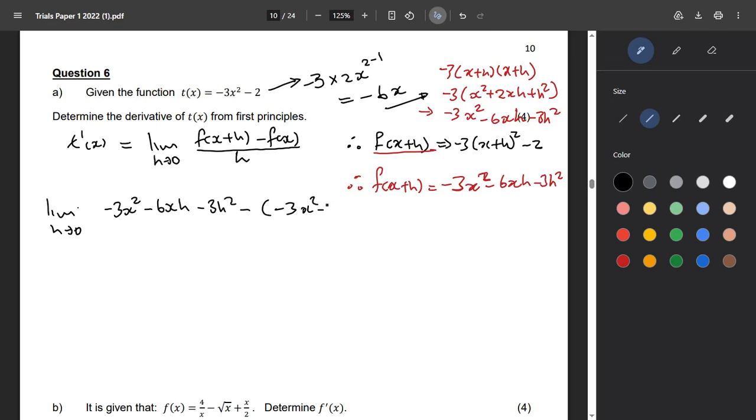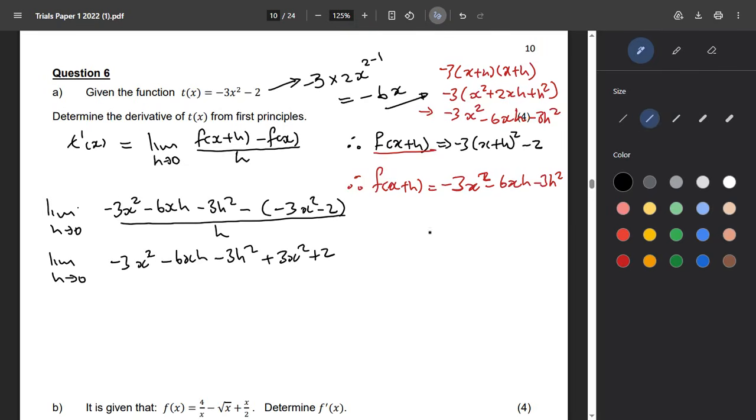Always put your f at x inside the bracket. And then your denominator is just h. On top you're going to multiply out the bracket with that negative, that leaves us with 3x squared minus 6xh minus 3h squared plus 3x squared plus 2. We're just multiplying out the bracket by negative. The sign of every term changes.